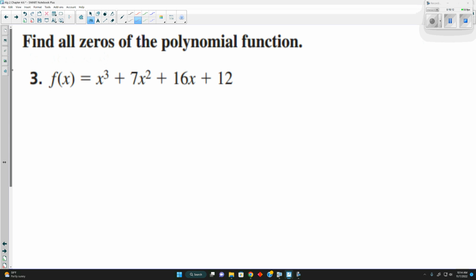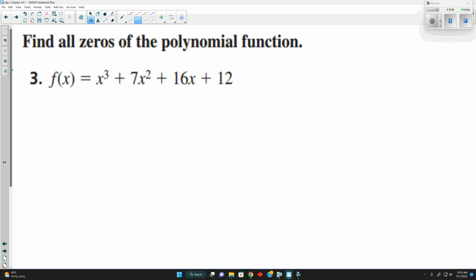Let's look at the next one. X cubed plus 7x squared plus 16x plus 12. How many solutions do we want at least? How many is the minimum that we want? Because 2 would be really nice. What would be really great is 3, but we need at least the smallest number I could have. 1, because if I have one solution, we can take it from a degree 3 down to a degree 2.